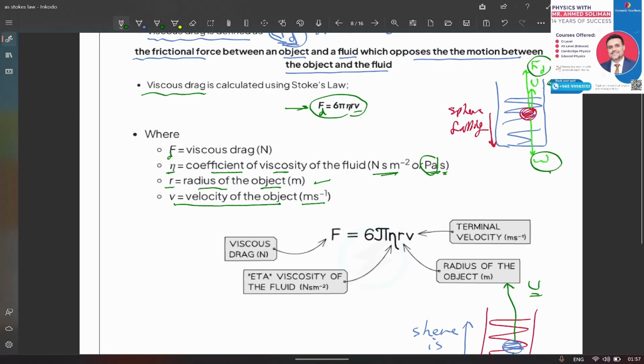But pay attention, because the upthrust force equation that we took before will not be given to you in the equation sheet.